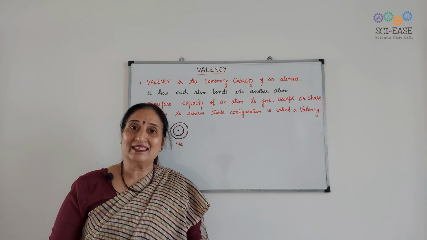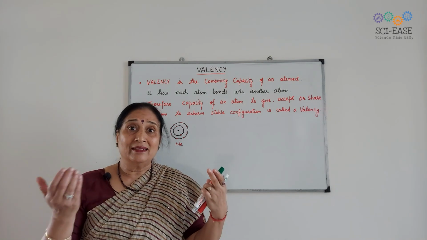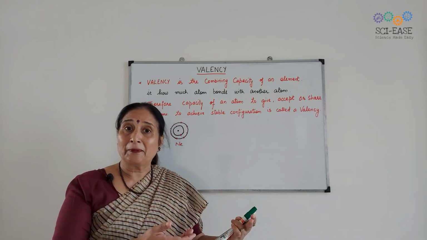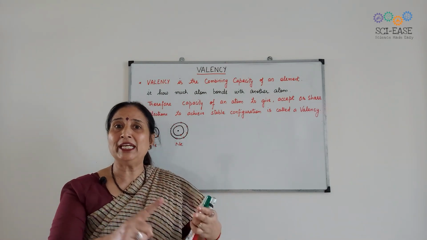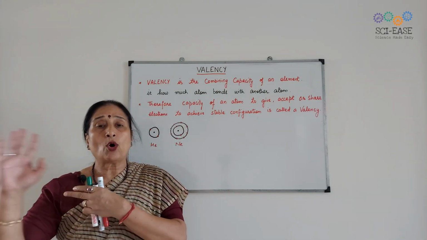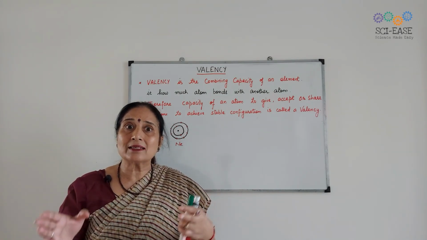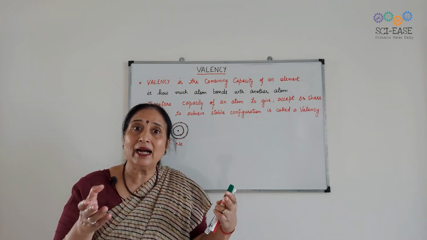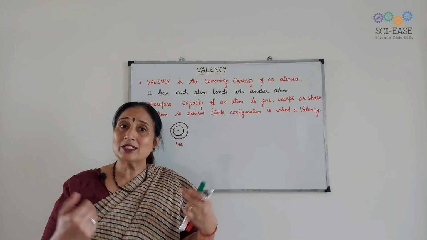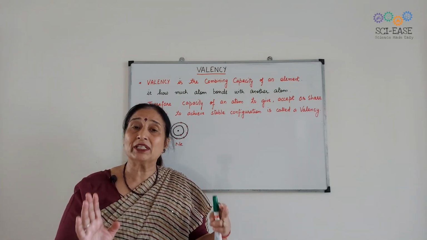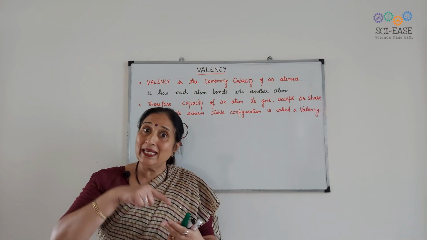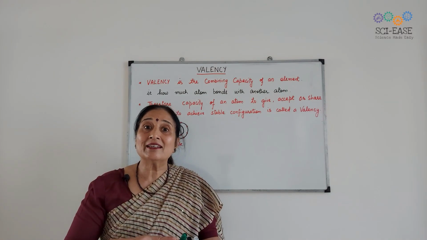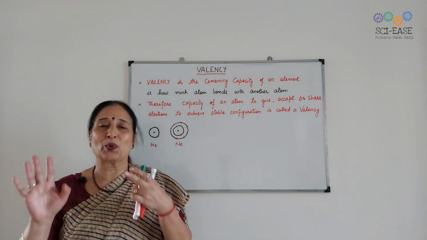In this case, these elements, helium, neon, argon, krypton, all these inert gases, can exist in atomic form because their octet is complete, without any reaction with some other atom. So in this case, their valency is 0.